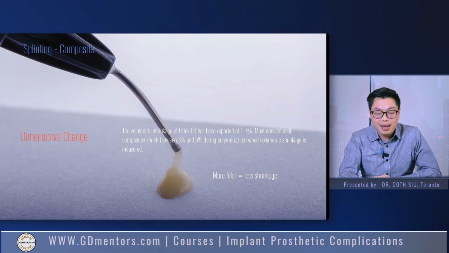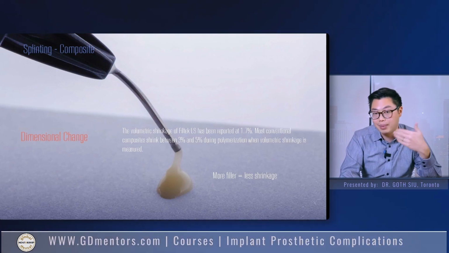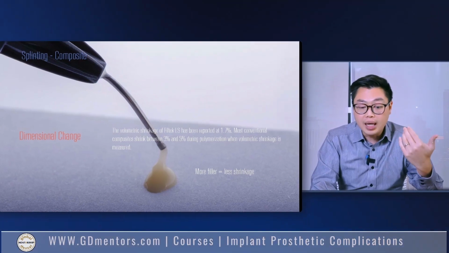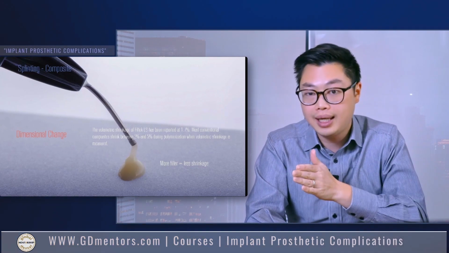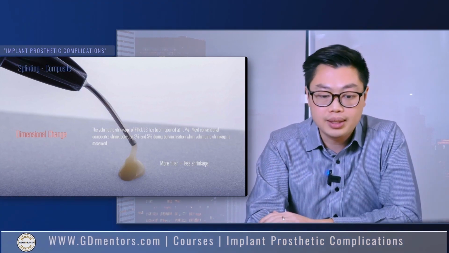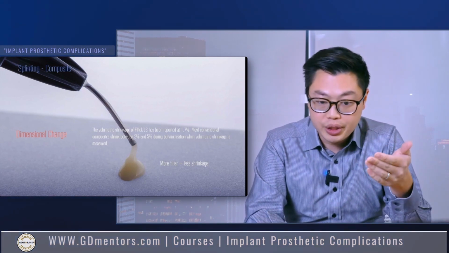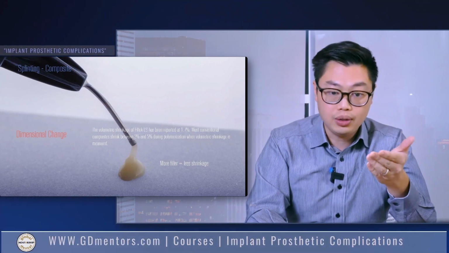And the main benefit is not really related to the shrinkage, it is related to the actual time, because you don't have to wait 10 minutes for things to shrink. If you're going to splint and you're not sectioning things and then rejoining, or if you're not waiting for things to shrink before the impression, the splinting process will actually increase your errors.